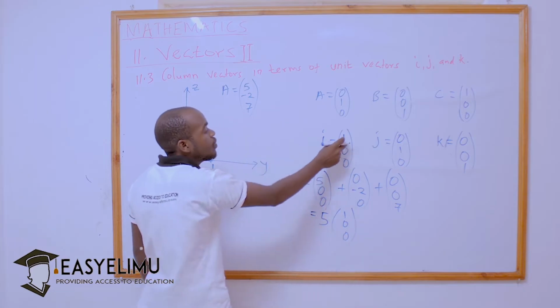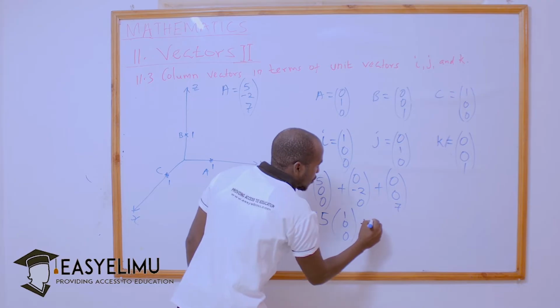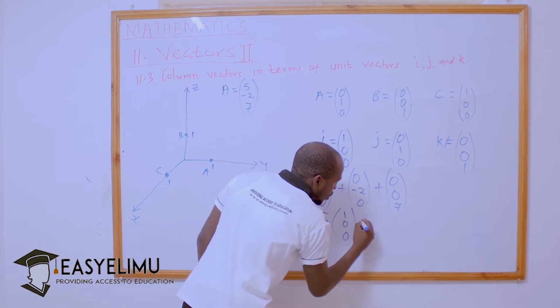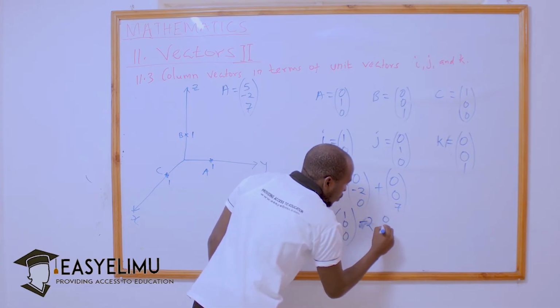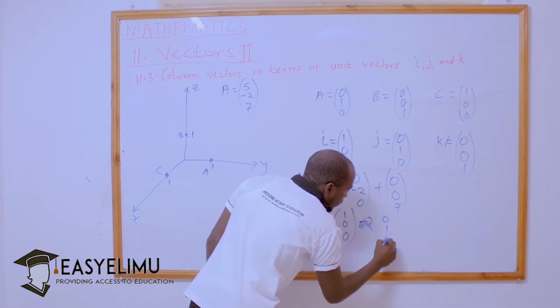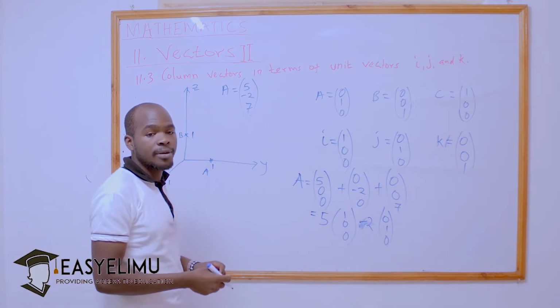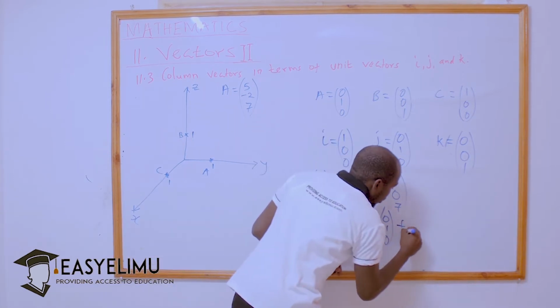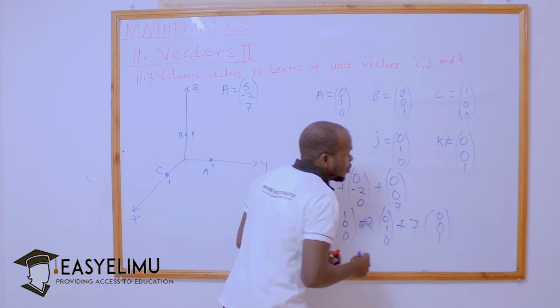And we are going to have negative 2 here, times 0, 1, 0 inside. In case we multiply, we shall get what we have there. And now for the z direction will be plus 7 into 0, 0, 1.